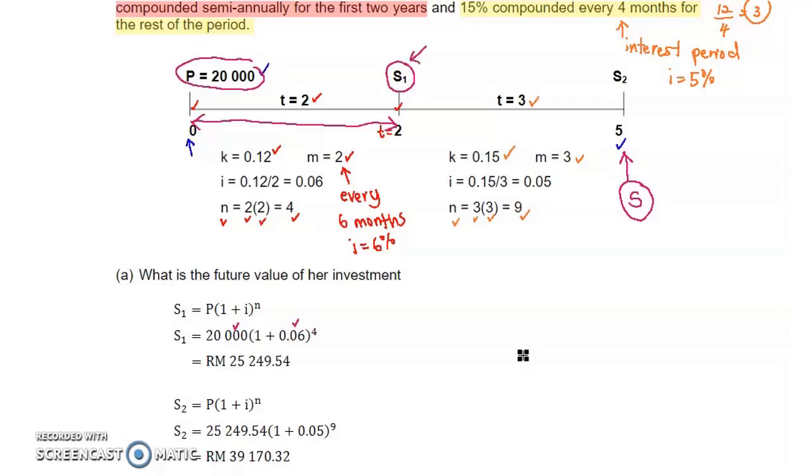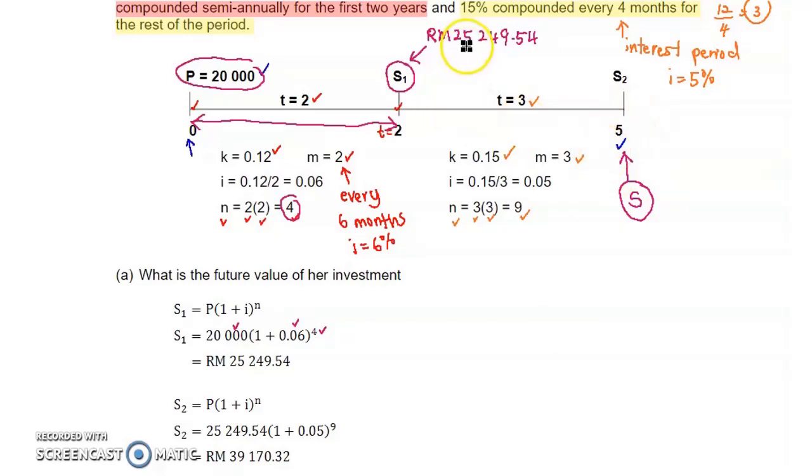Power of n: within 2 years, how many times do you calculate the interest? 4 times, so power of 4. So at the end of 2 years, you will get 25,249.54.